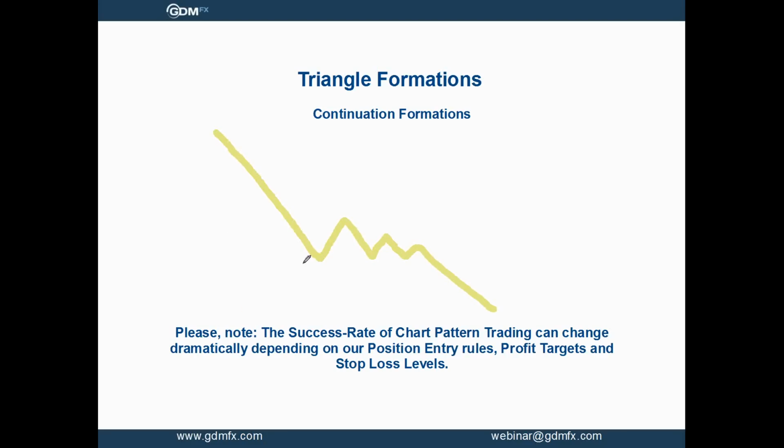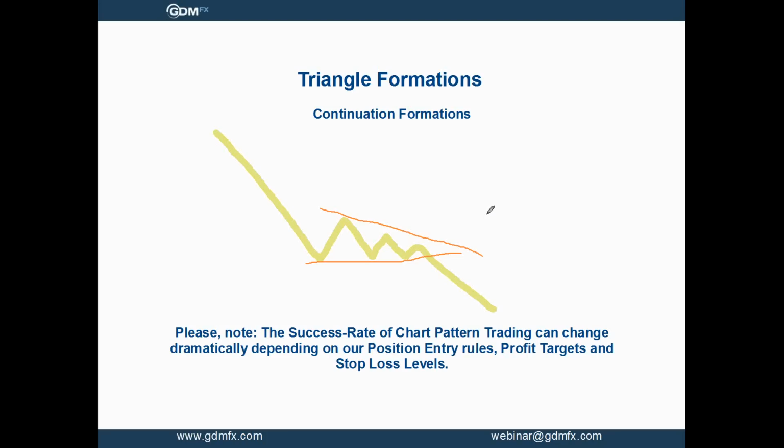This is not a symmetric or symmetrical triangle, simply because the lows are pretty much at the same level, but then the highs are lower and lower and lower. So this is a descending triangle. Once again, it's a good indication that the downtrend is about to continue. So it's a continuation pattern.